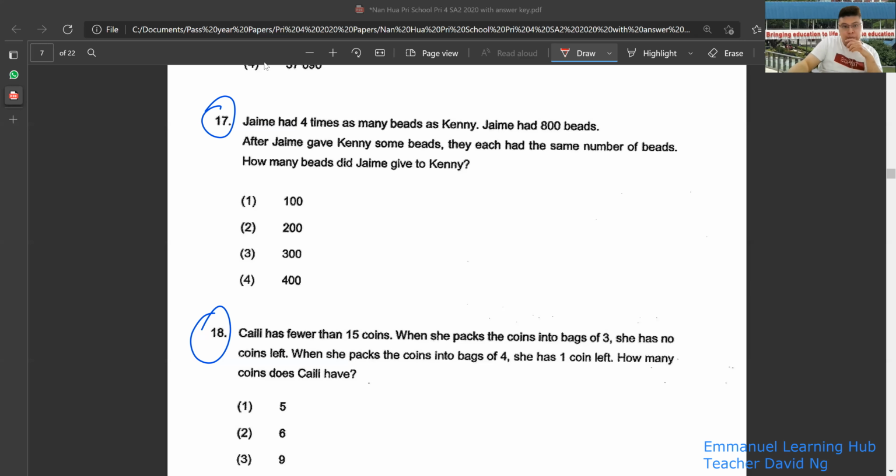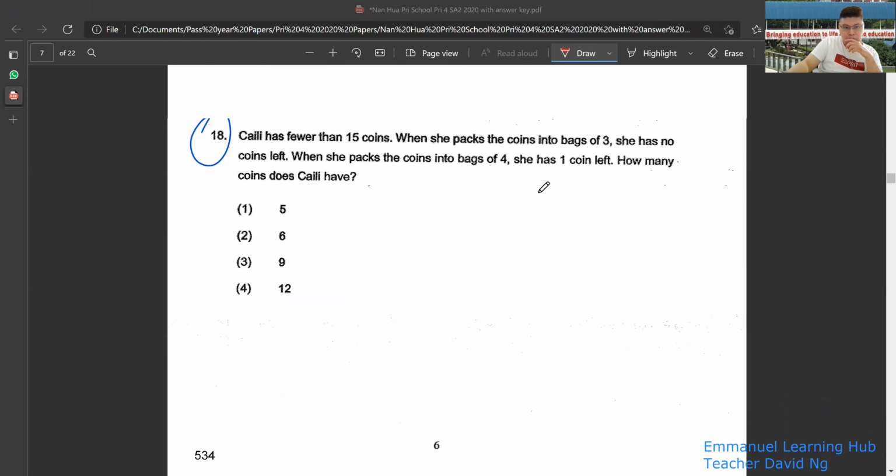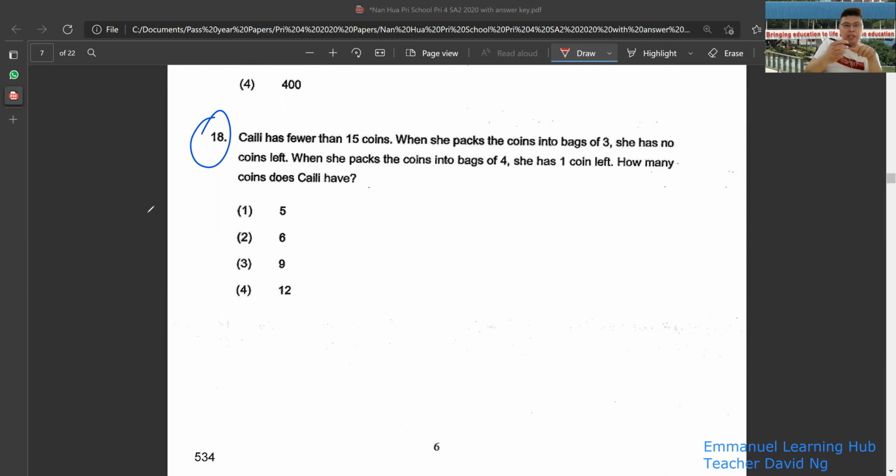Okay, next question. Kelly has fewer than 15 coins. When she packs the coins into bags of 3, she has no coins left. When she packs the coins into bags of 4, she has 1 coin left. How many coins does Kelly have?